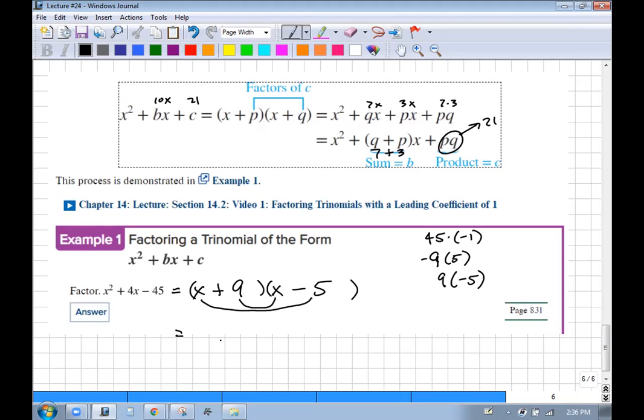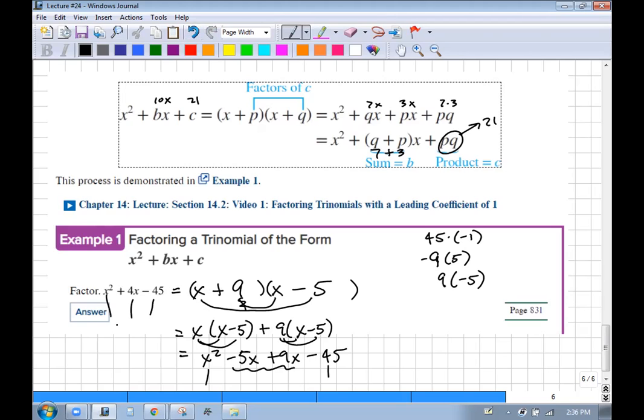So if you want to check your work, we have x times x minus 5, and we have a 9 times x minus 5. So this gives us our x squared, our minus 5x, our 9x, and our minus 45. So there's our x squared, there's our minus 45, and these middle terms give us the 4x.